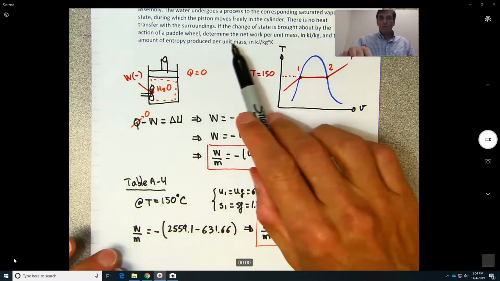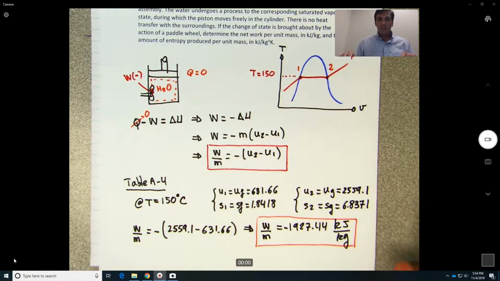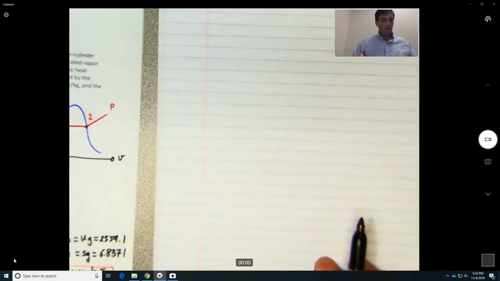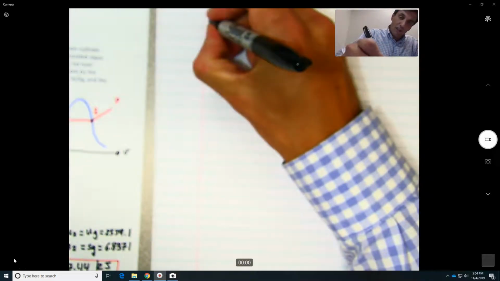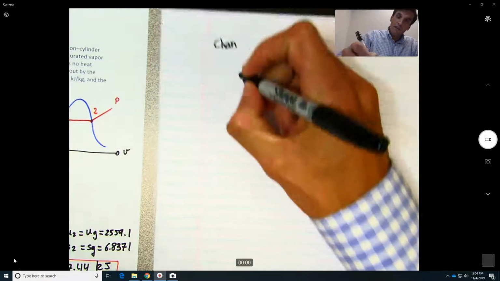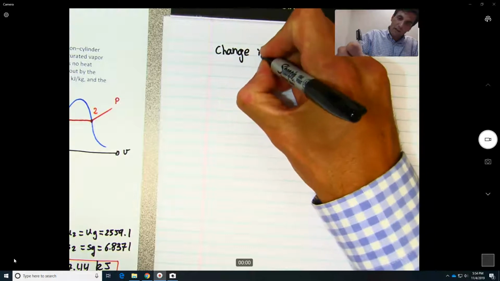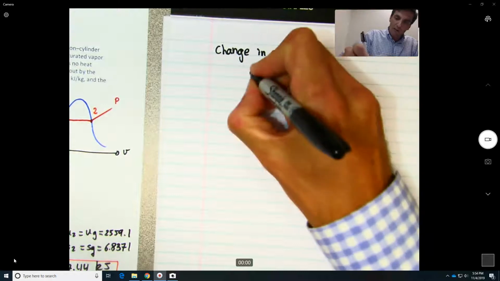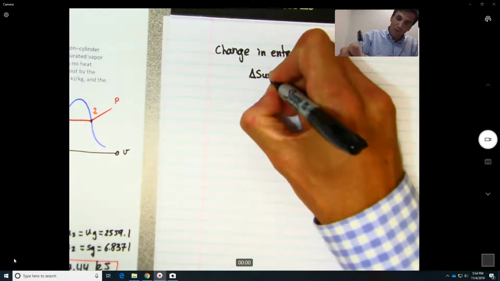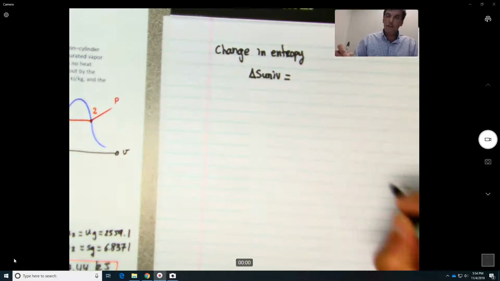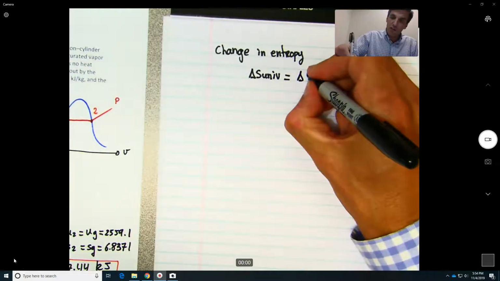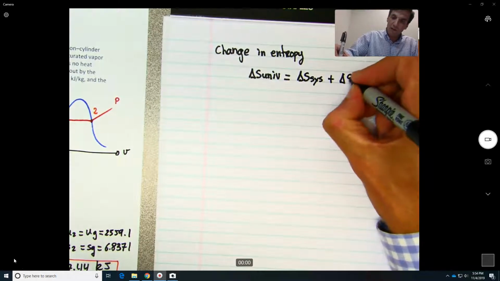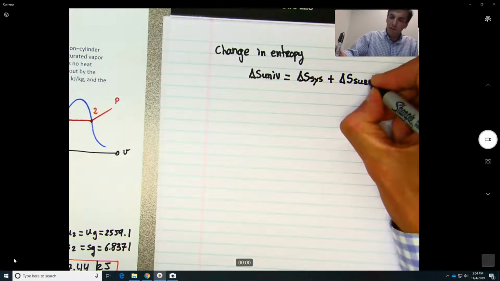Okay, and at the end we need to find the net change of entropy produced. So basically the only thing we have to do over here is what? Change in entropy is equal to what? Using the principle of the increase in entropy of the universe, we have the total change of entropy equal to the change of entropy of the system plus the change of entropy of the surroundings.